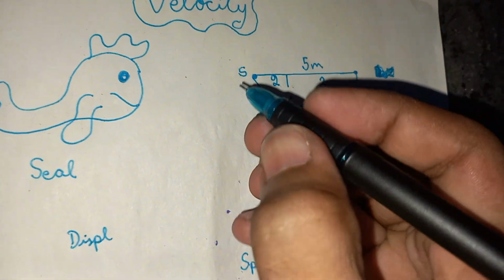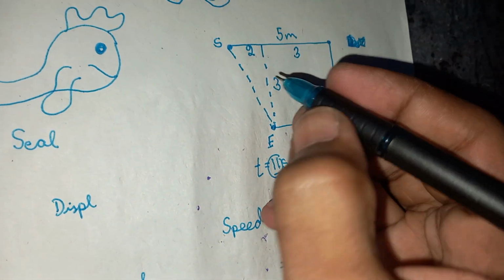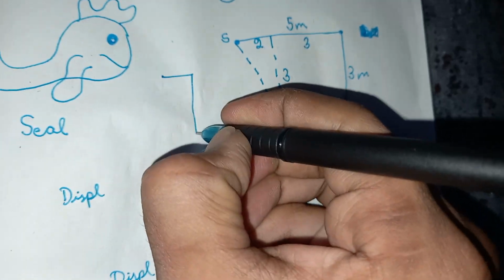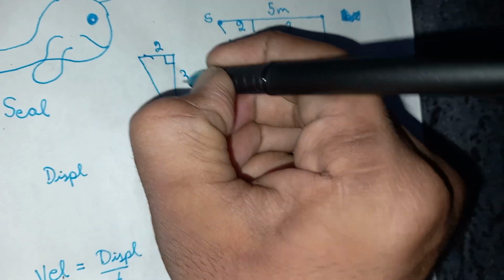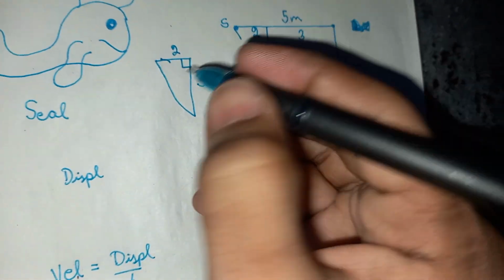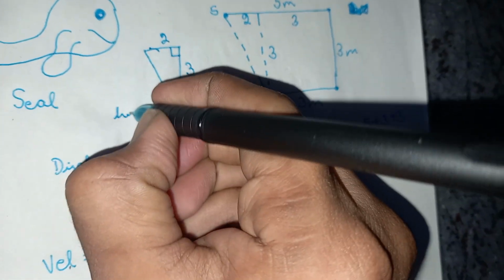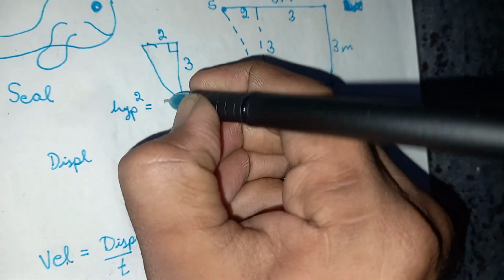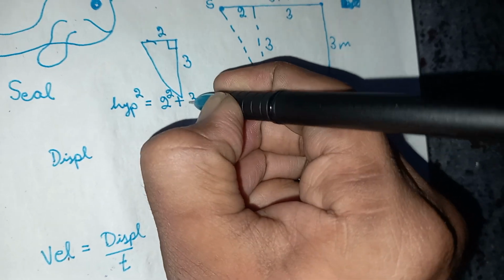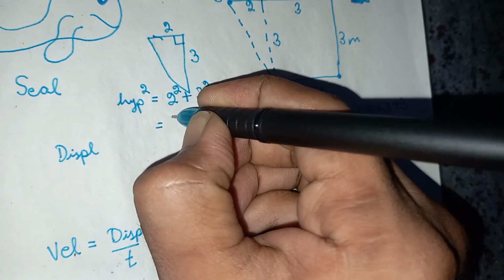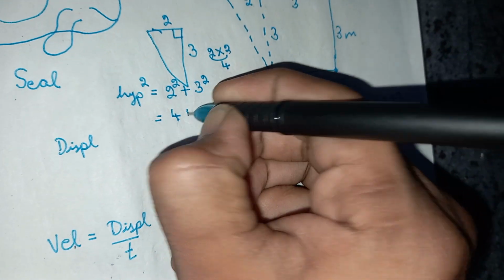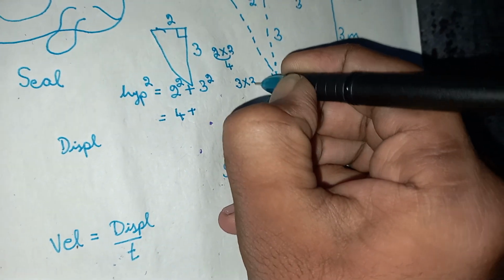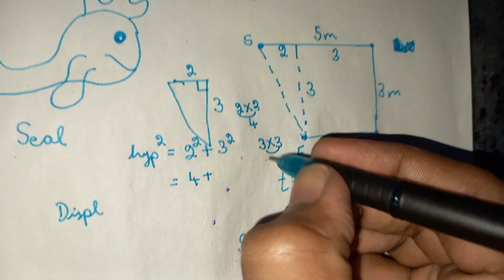Here you can calculate it in this right angled triangle. You can redraw that right angled triangle. Here it is 2, here it is the right angle, here it is 3 units, 3 meters. And now hypotenuse squared equals 2 squared plus 3 squared. Here 2 squared is 2 times 2, which is 4, and 3 squared is 3 times 3, which is 9.